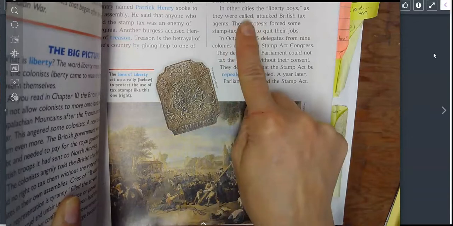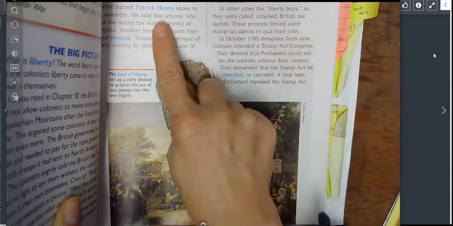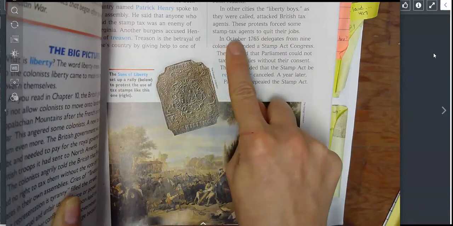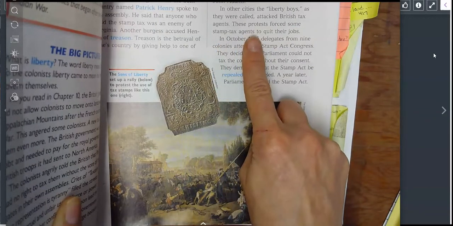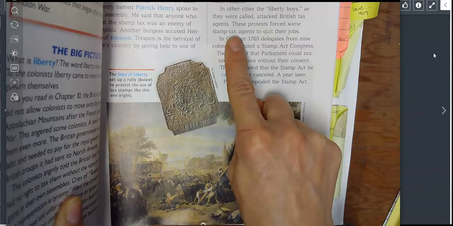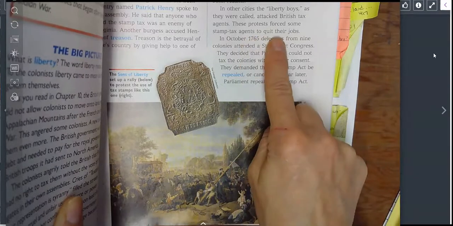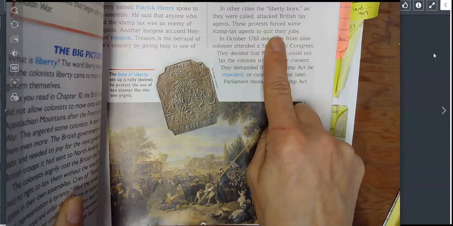What happened as a result of all of these rebellions and speeches? Well, the stamp tax agents, the people who were supposed to collect the tax and give out the stamps, got so freaked out that in almost every city they quit their jobs.